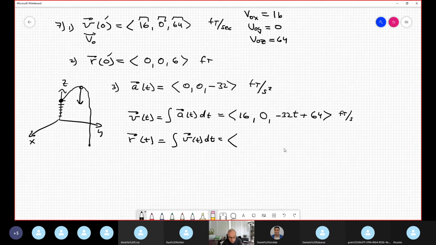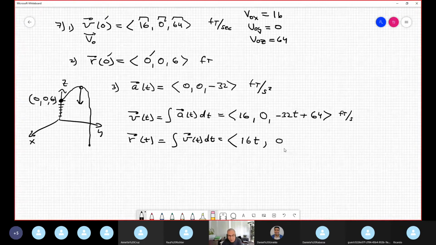Entonces you integrate, the antiderivative of 16 is 16 t plus something, plus the position, but the position is 0. Remember here, my point was 0,0,6. And since we have no velocity, we have no position, that's why it stays 0.